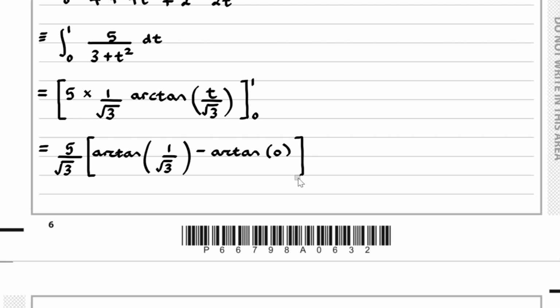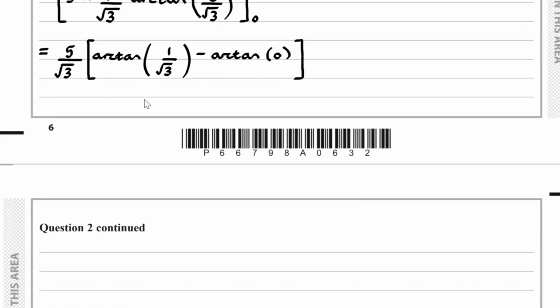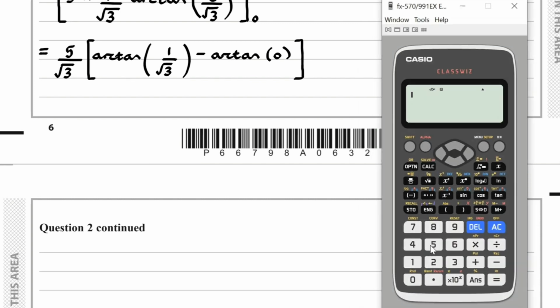So if I attempt to simplify this even further, we've got over here the arctan of 1 over root 3, which is pi over 6, and then I times this by 5 over root 3.